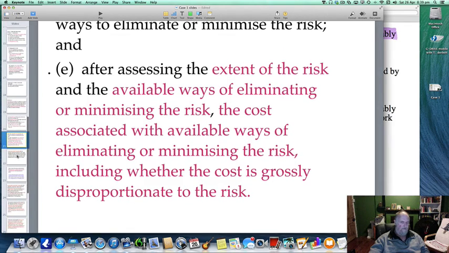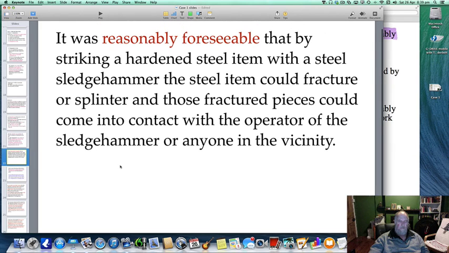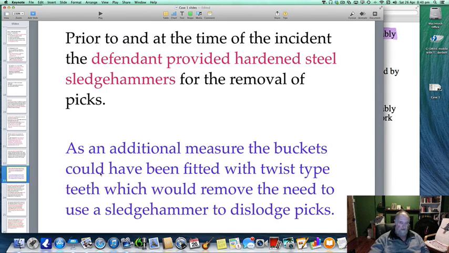You don't really need to look. The facts themselves say it was reasonably foreseeable that striking a hardened steel item with a steel sledgehammer, the steel item could fracture or splinter, and those fractured pieces could come into contact with the operator. So the facts have already been held by the court in that, which they actually did, right?